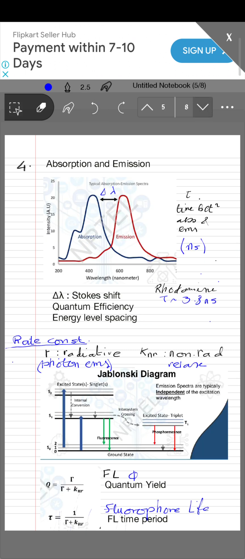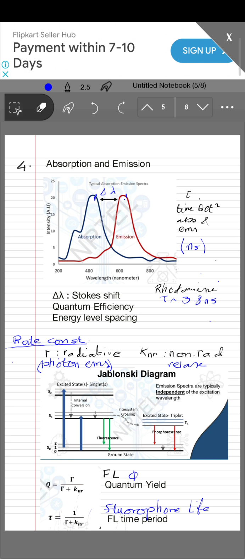Okay, now moving on to the absorption and the emission that takes place in fluorescent tissues or any other molecule. Often it has been observed that the absorption wavelength is not equal to the emission wavelength. There is a difference between these two.